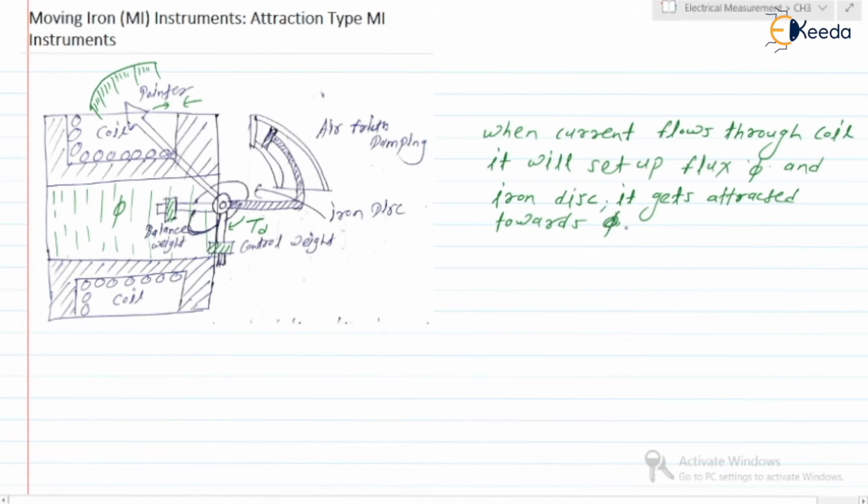This is the simple principle we use in the attraction type moving iron instruments.